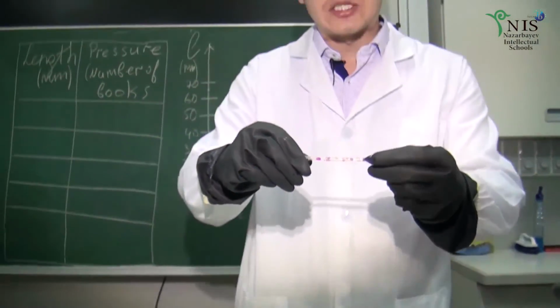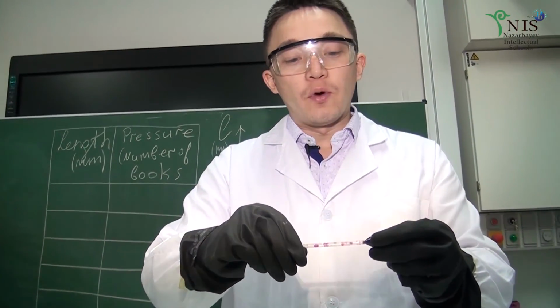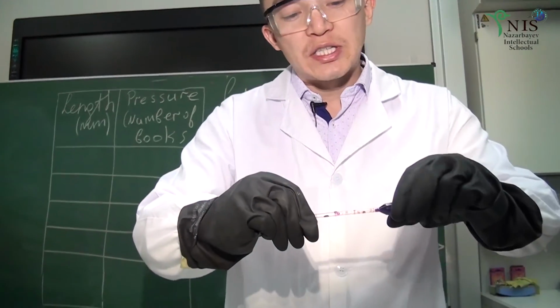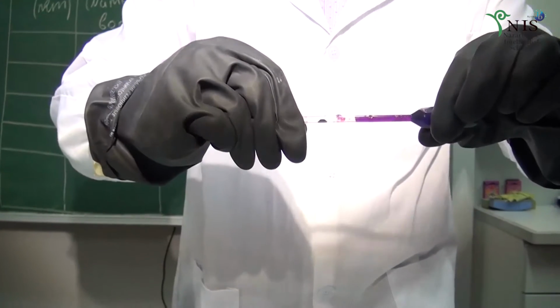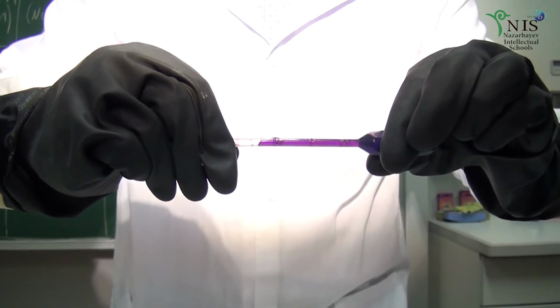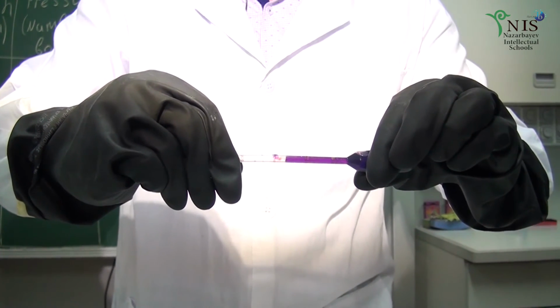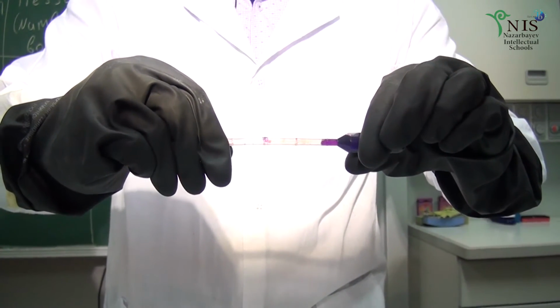So I will use this pipette, and my volume will be measured in length. When I increase the pressure on this side of the pipette, the area will decrease. I mean the volume of the empty space will decrease as I insert a force.